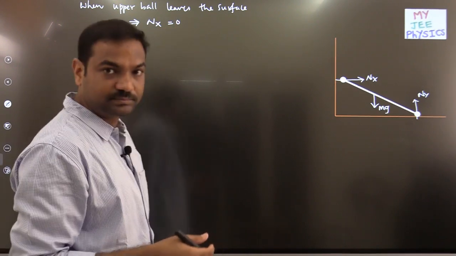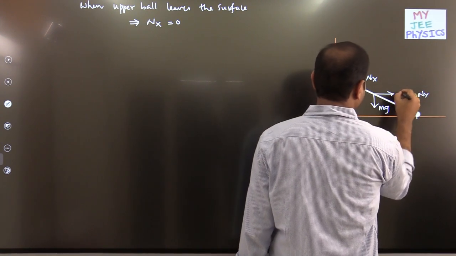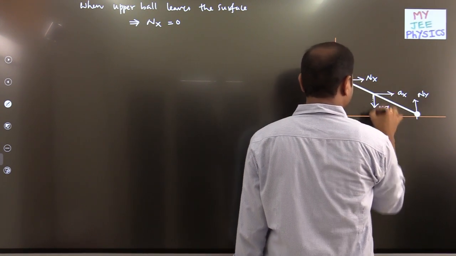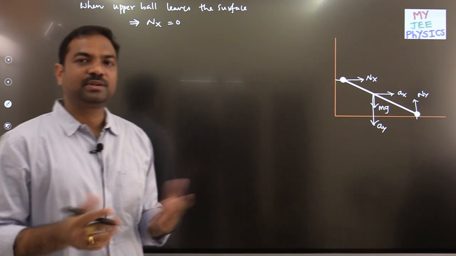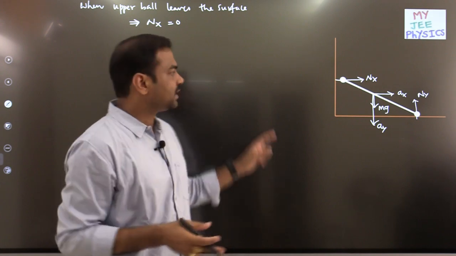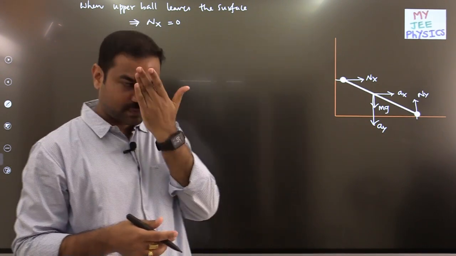Nx will be 0. As Nx is 0, suppose the center of mass has the acceleration ax and the acceleration ay. The center of mass of the system, you can say rod, dumbbell, anything, will have some acceleration towards the x-axis and some acceleration towards the y-axis, right?